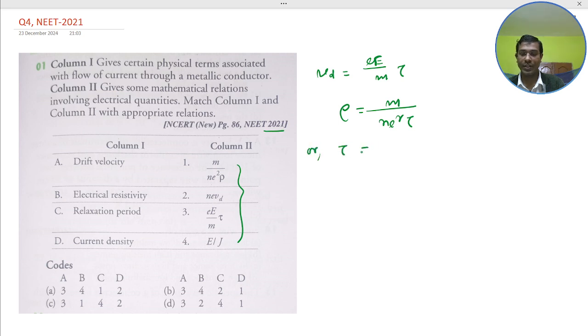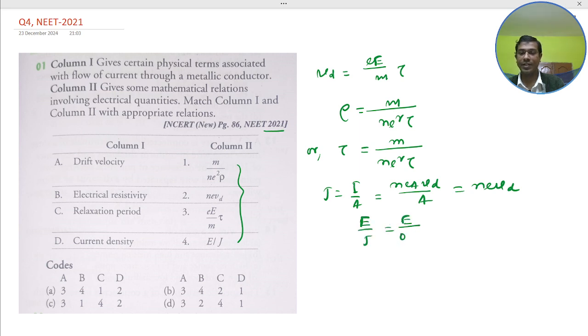So tau is equal to m by n e square rho, and we know J equal to current density I by A, so n e A Vd by A is equal to n e Vd, and J by E, Ohm's law in vector form J equal to sigma E, so 1 by sigma equal to rho, so rho equal to E by J. So first one, the drift velocity, would be e E by m tau.